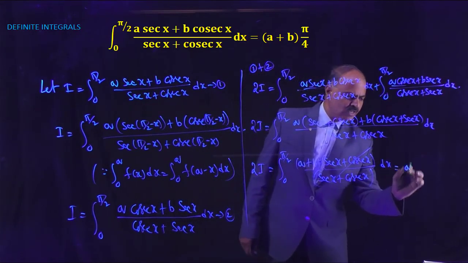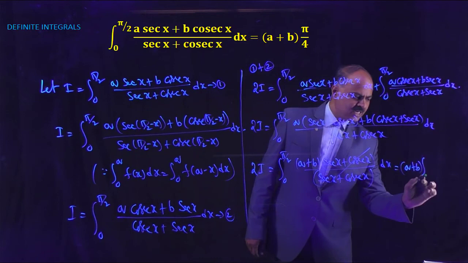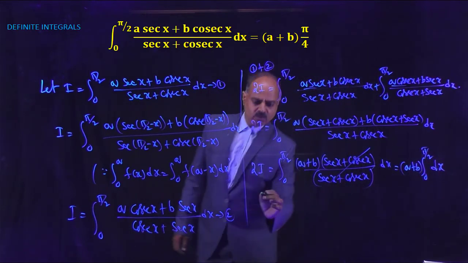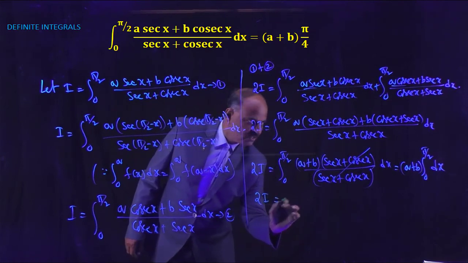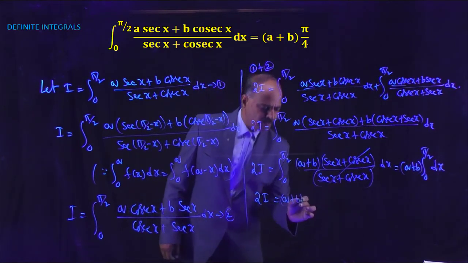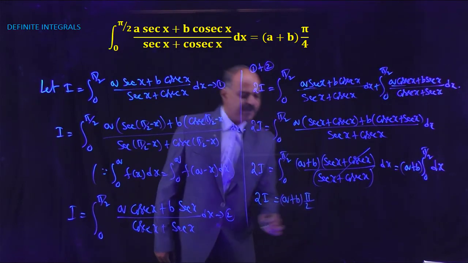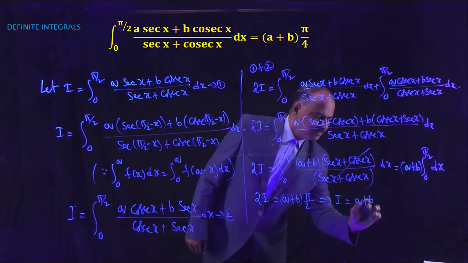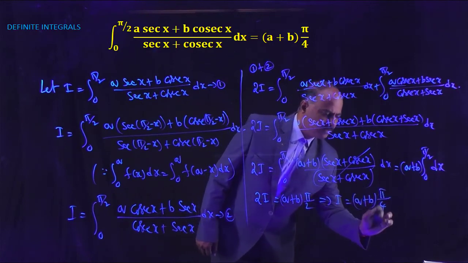That is equal to (a plus b) into the integral from 0 to pi by 2 of dx. So 2I is equal to (a plus b) into x with limits 0 to pi by 2, that is equal to (a plus b) into pi by 2. This implies I is equal to (a plus b) into pi by 4.